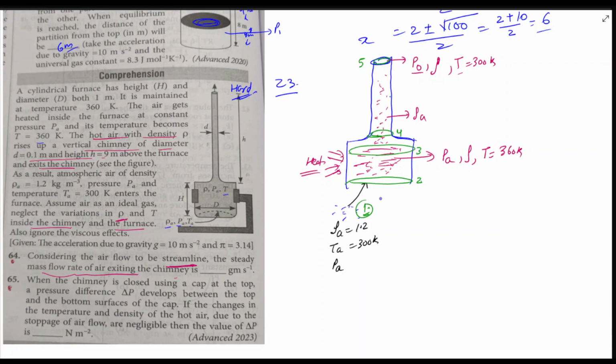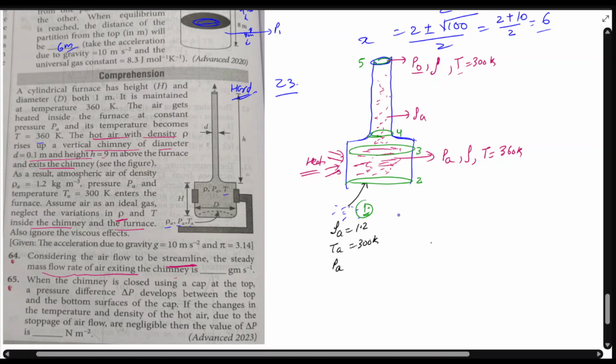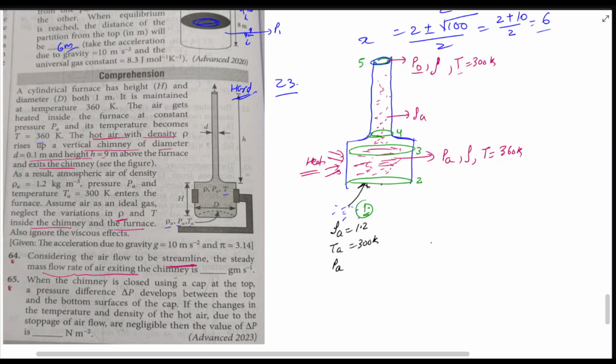Understand this. As the air goes inside, it gets heated here, and then it rises. So from 1 to 2 or 1 to 3, the energy is not constant, because we are providing the energy.